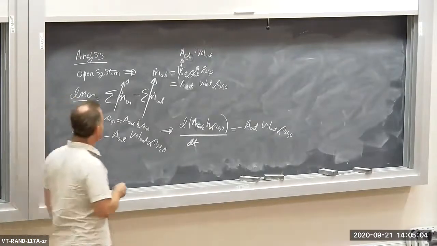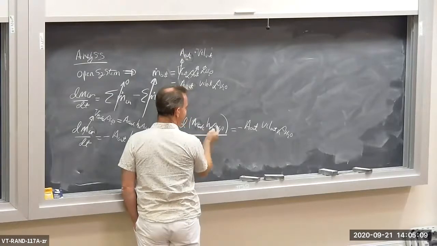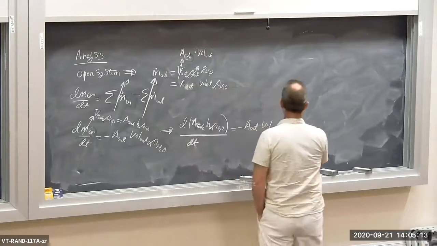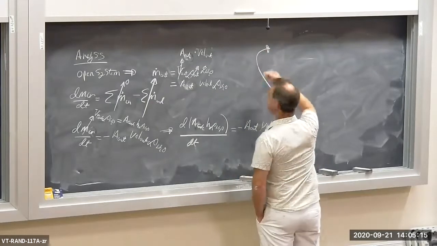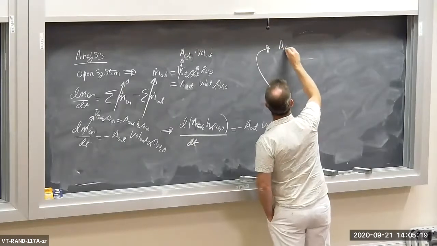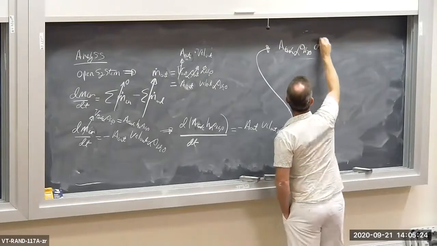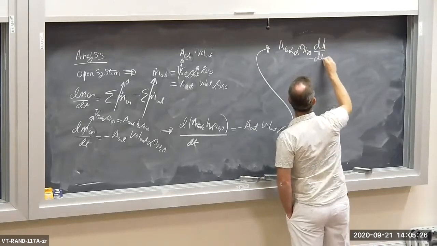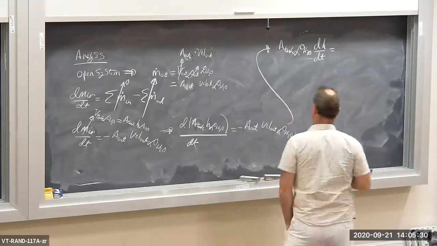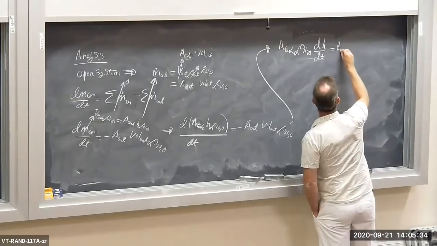So because the tank area and the density of the H2O are constant, I can pull them out of the derivative. So I get A tank rho H2O dH dt is equal to area out, velocity out, rho H2O.